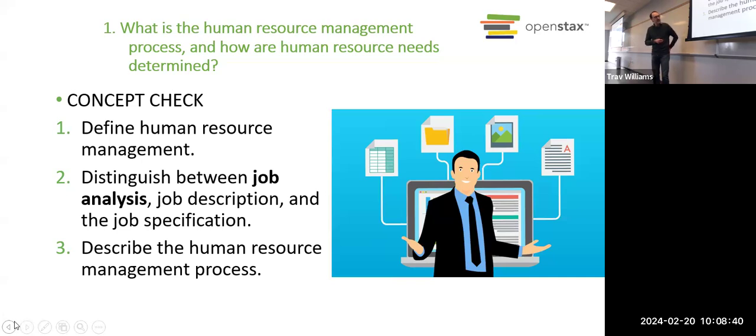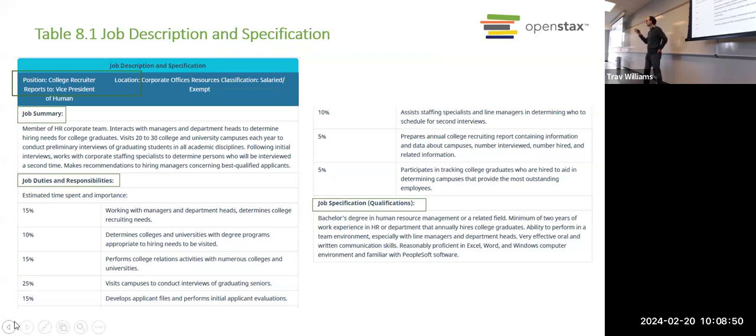And let's see. So then the job description outlines each particular job. Let's look at an example. Have you ever searched for a job? If you've ever been in the job market and you're looking online, every job will have a description because you have to know what job it is you're applying for, right?